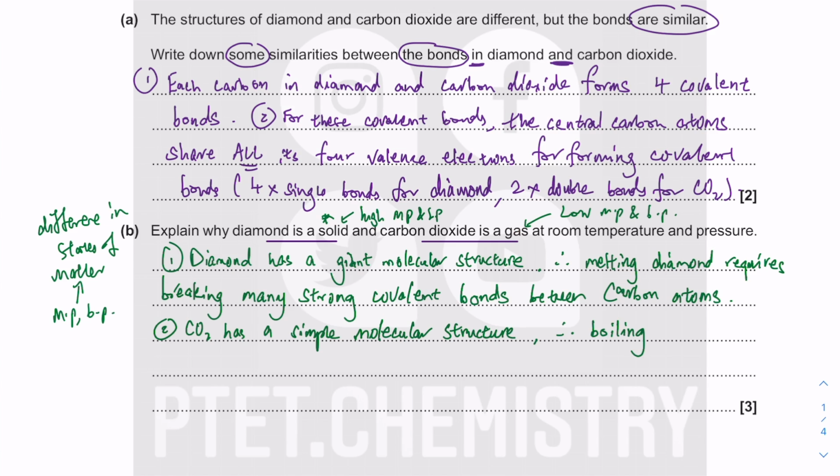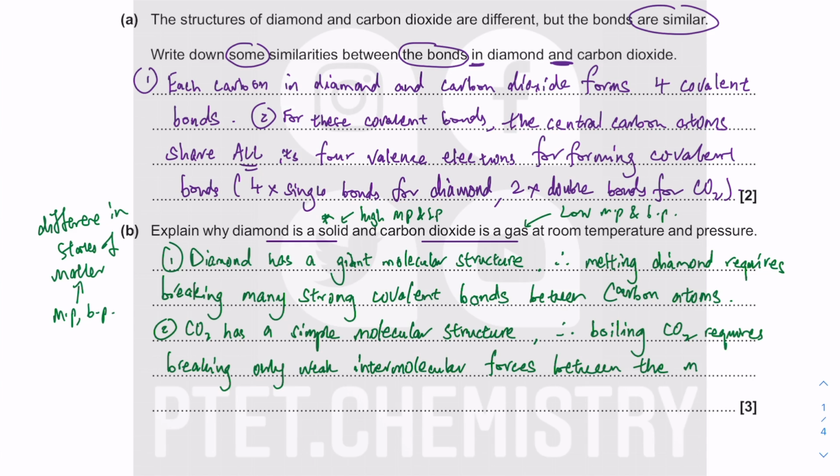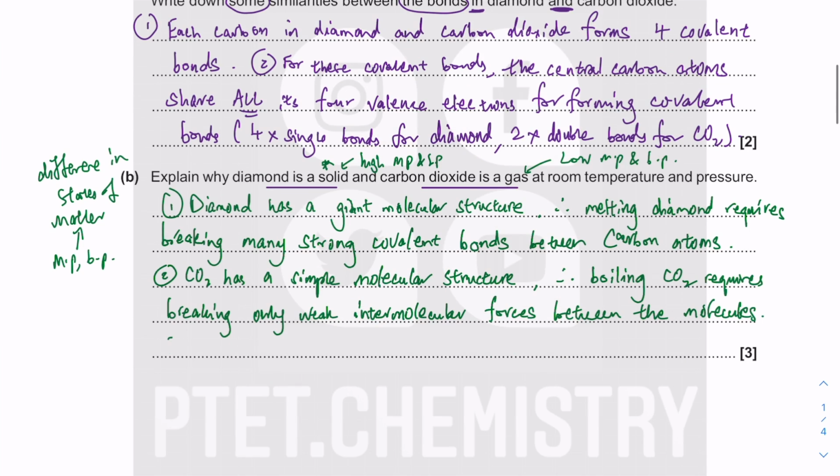Gas is from liquid to gas, so you know, boiling CO2 requires breaking only weak intermolecular forces. You see how we used strong previously, now we use weak, and we specify exactly what we are breaking. Okay, intermolecular forces between the discrete single molecules of simple covalent structure.